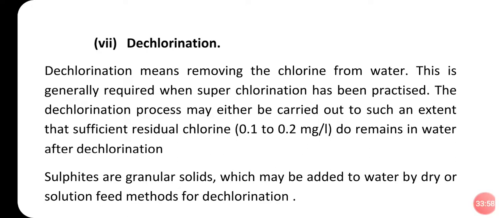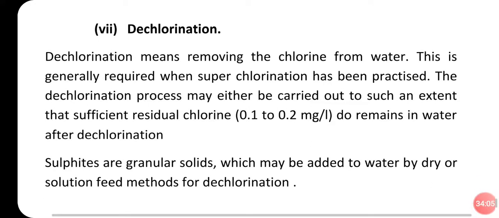If it is more than 0.2 milligram per liter, that will be harmful to our body and health. Therefore, the dechlorination process is sometimes required. This is generally required when superchlorination has been practiced. When superchlorination is practiced to kill the bacteria as quickly as possible, after superchlorination dechlorination will be done.